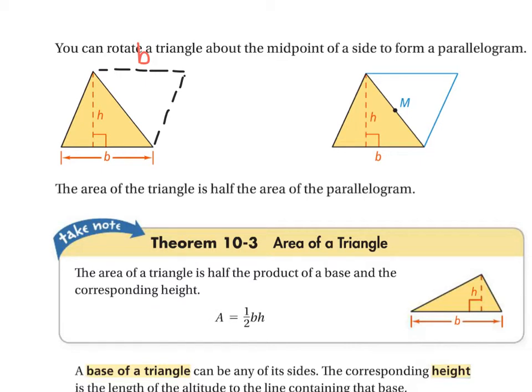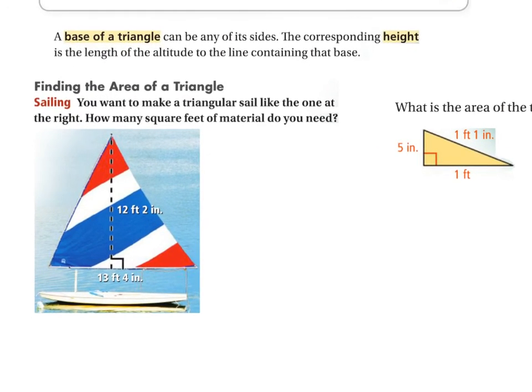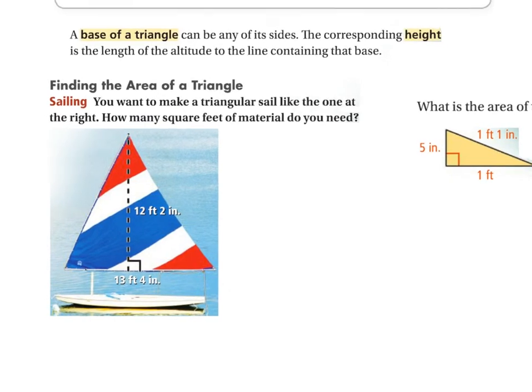So again, it's still going to be 1/2 base times height for the area of that triangle. Making sense where that's coming from? We discussed that on Monday. So let's take a look at a couple of these. Finding the area of the sail. What is the base of our sail?